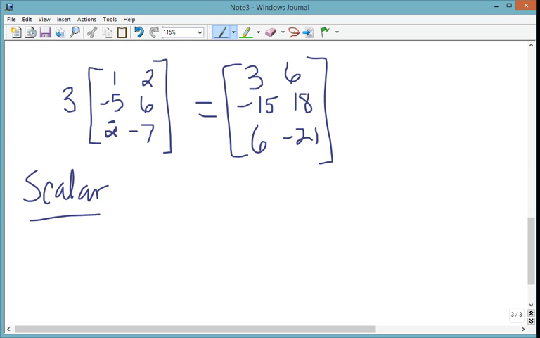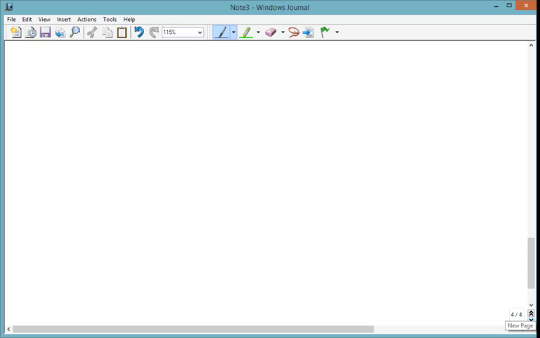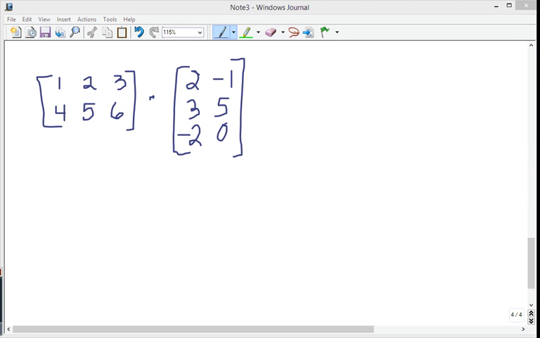The next one is multiplication of matrices, and that gets a lot more complicated. So we'll try some. So here's some matrices we're going to multiply. Notice that these are not the same size.